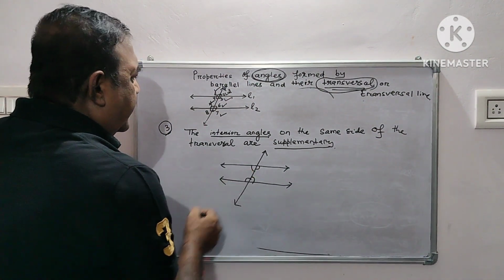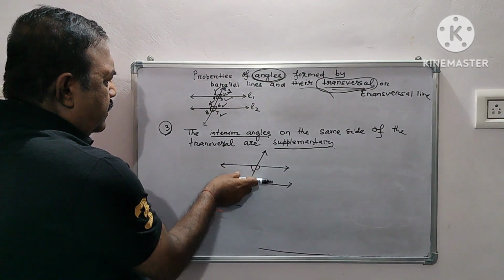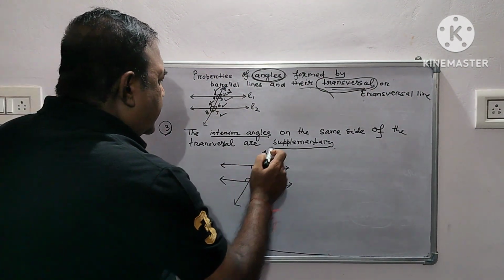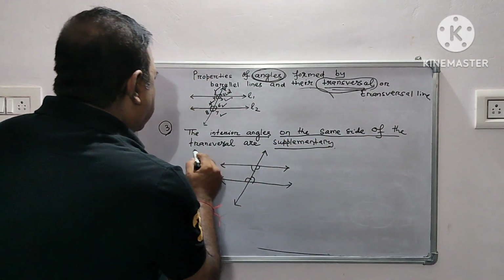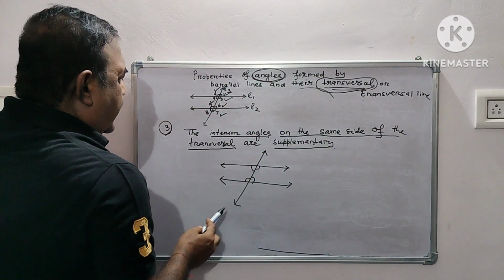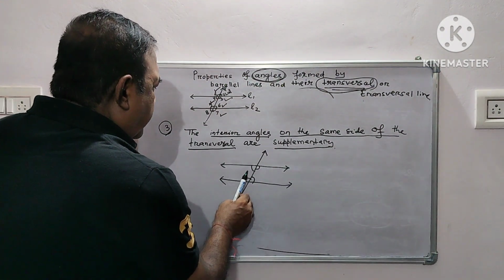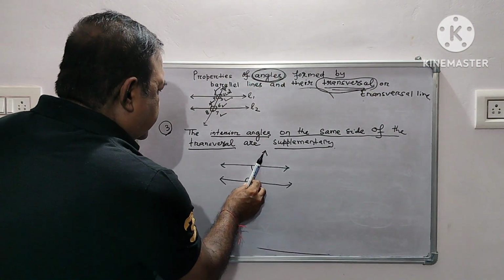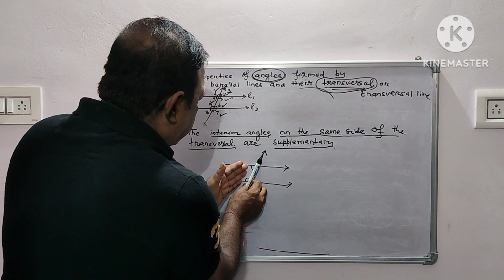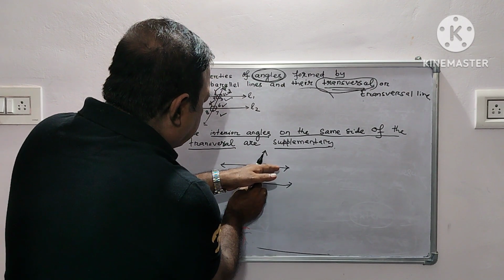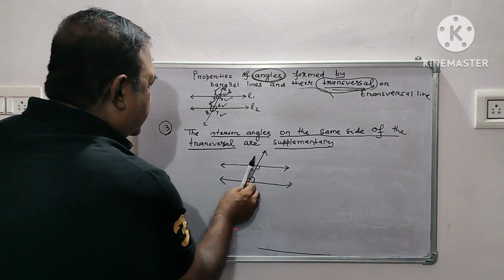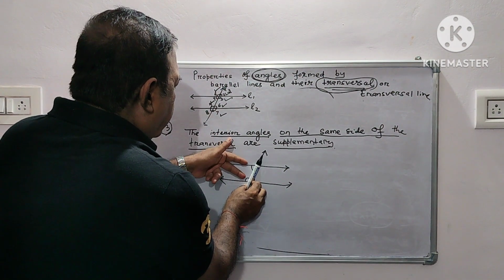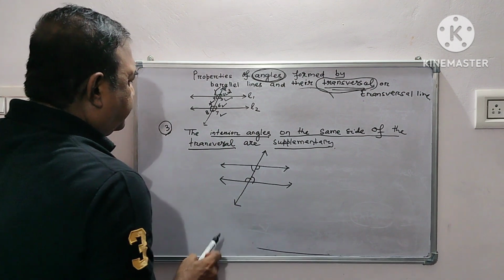There are 4 interior angles in between 2 parallel lines. But the condition is on the same side of the transversal. So we have 4 interior angles. In this side there are 2 interior angles. In the opposite side there are 2 interior angles. So on the same side, we have 2 interior angles.